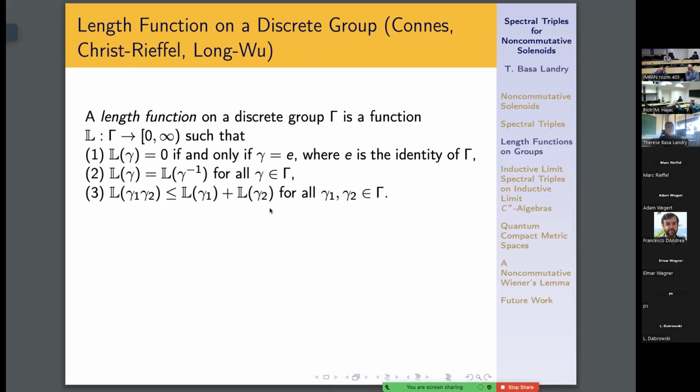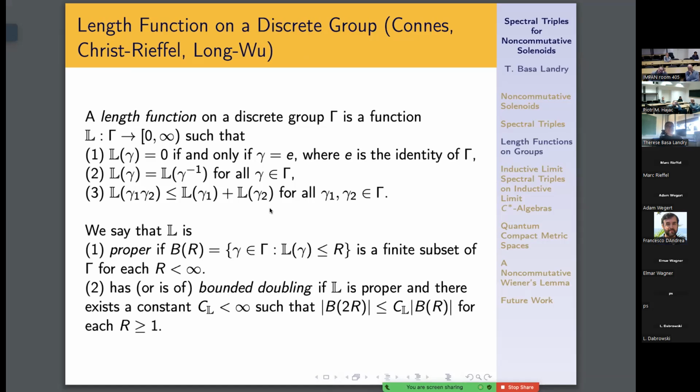And some additional properties that a length function on a discrete group may have, and that, as we'll see, lead to additional quantum structures: it's said to be proper if balls with respect to those length functions are finite sets. And a proper length function can also be said to be of bounded doubling if there exists a constant, so a way to control the size or growth of balls with respect to the length function.